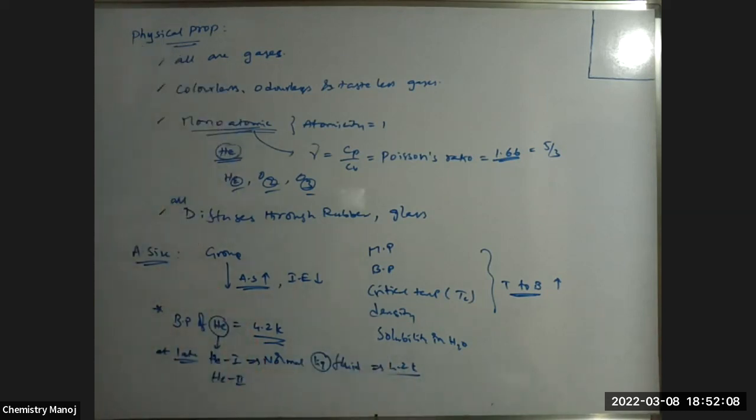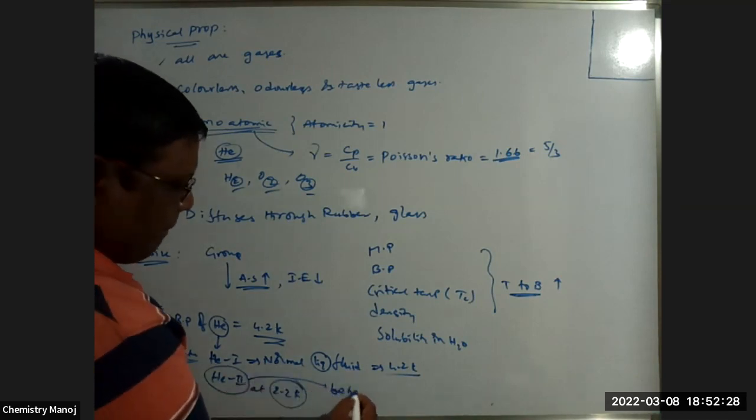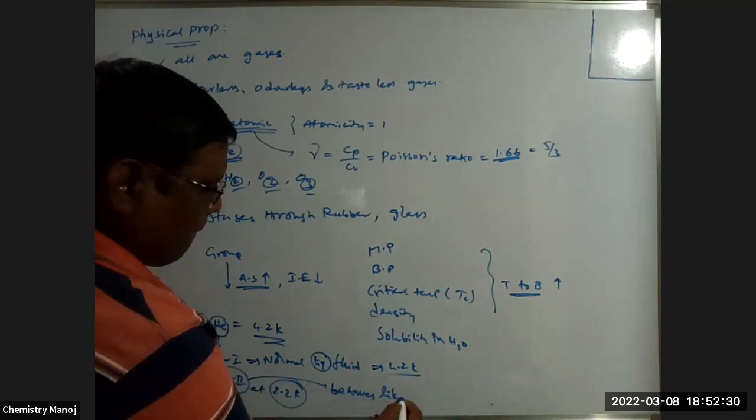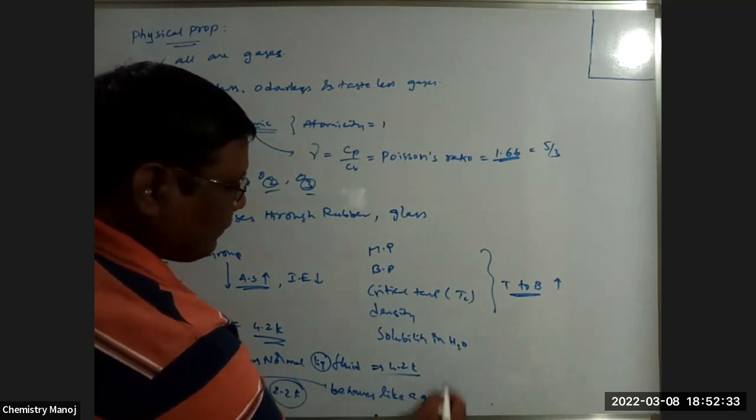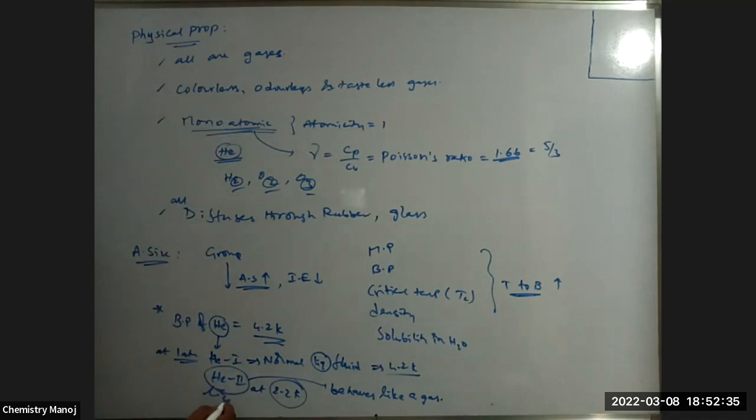But helium 2 exists at 2.2 Kelvin, and its behavior is like a gas. Actually, it is a liquid, my dear, but its behavior is similar to gas.